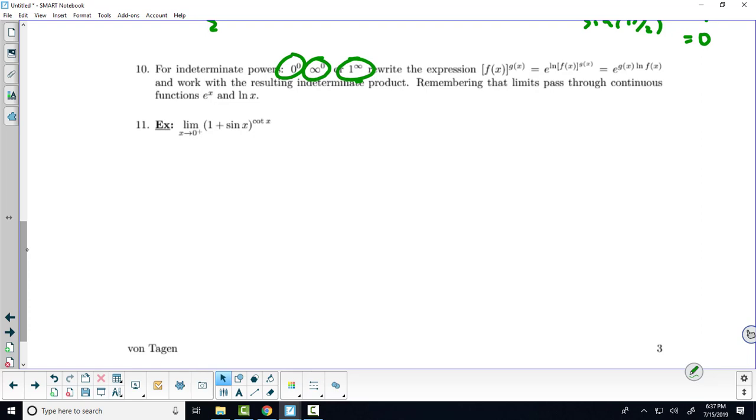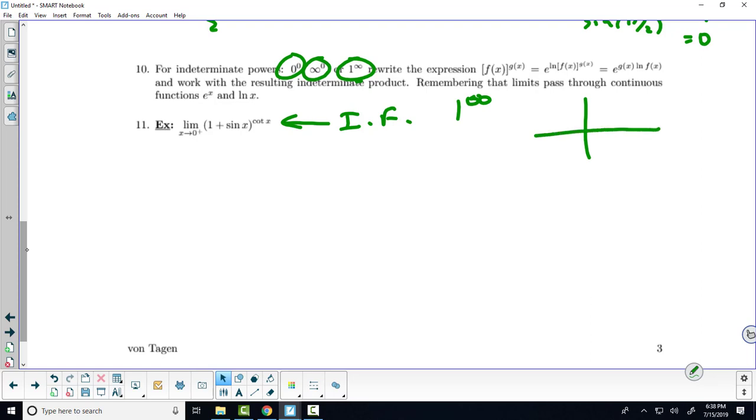So anyway, let's look at this one here. Let's identify its indeterminate form. Careful, sine of 0 is 0, so this is going to be a 1, and then as we approach 0 from the right, what's our cotangent approaching? It's approaching infinity, right?